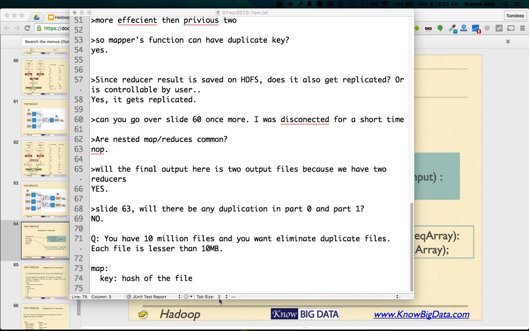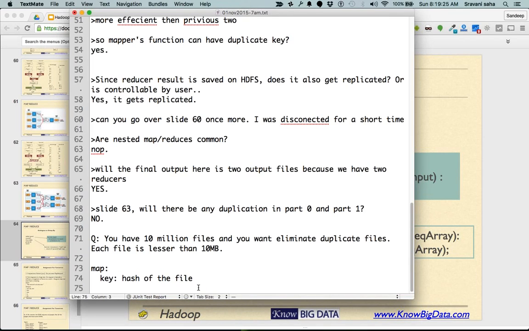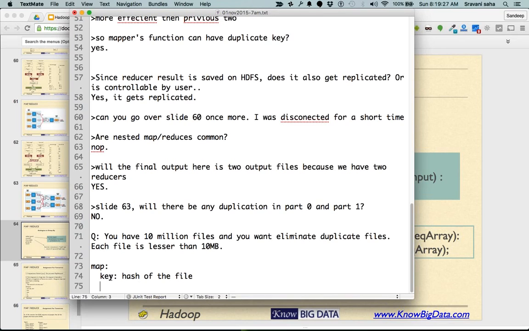Correct. So Anand says that we create a similar key value pair and retain only one.